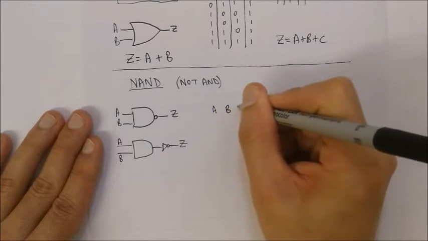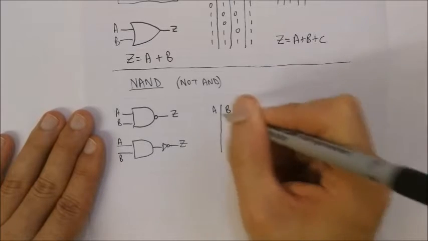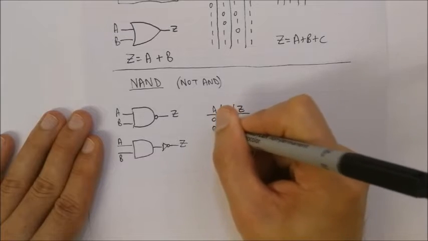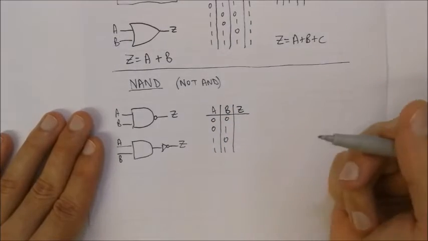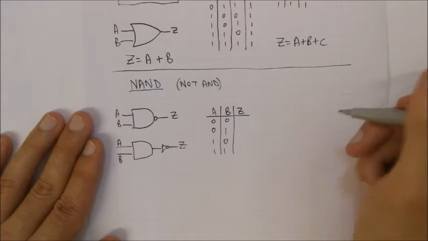Okay, the NAND gate has a truth table: A and B, output Z, and again we're going to be looking at 0, 0, 0, 1, 1, 0, 1, 1. Again, you could have 3 inputs if you wish, or even more.